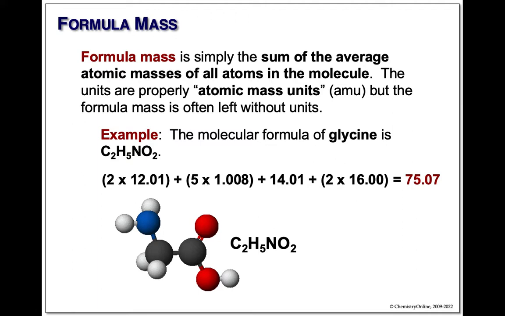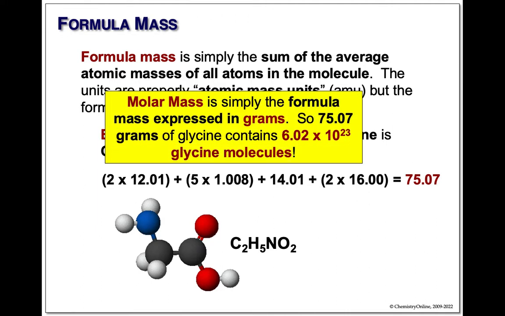Now, if we want the molar mass, all we do is take this number and express it in grams. So if we had 75 grams of glycine, it would have 6 times 10 to the 23rd glycine molecules. Now that's kind of an interesting concept.